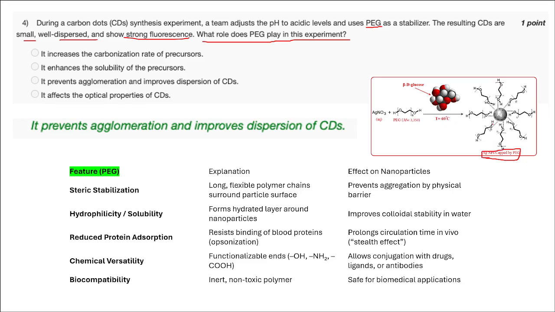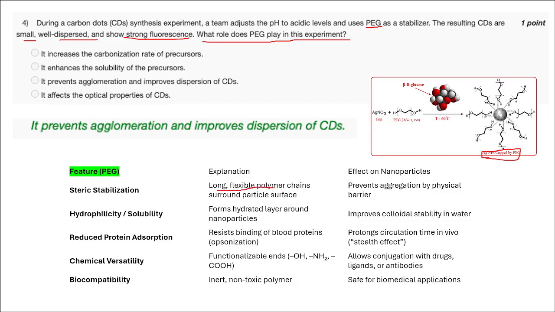Just now we have also seen that there would be steric stabilization because of it. The two particles, because of these steric factors, would have enough repulsive forces, they won't come together and won't aggregate. So it happens because we have added PEG as a stabilizer or as a capping agent.